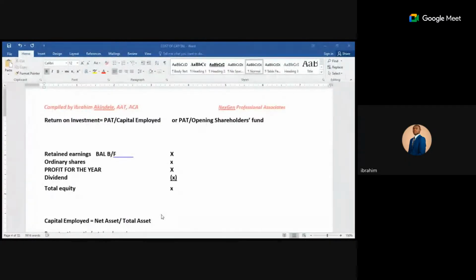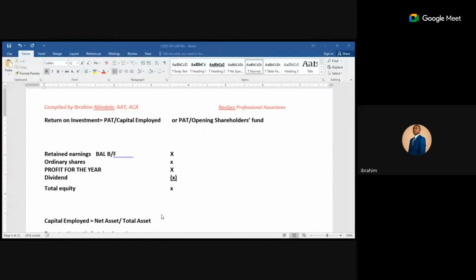Class, with this illustration, we have included profit for the year and dividend. What we need is only the opening, which means the previous year, which means we need only the retained earning and the ordinary shares. We don't need the profit for the year as well as the dividend. Don't forget that the profit for the year minus the dividend will give you retained earning.